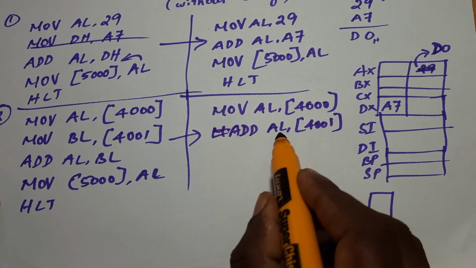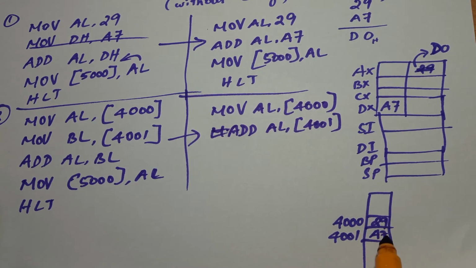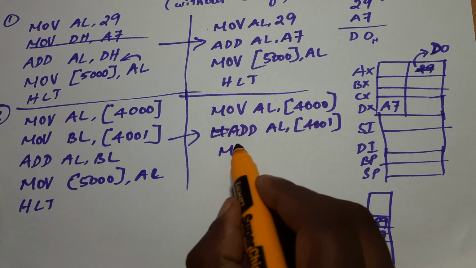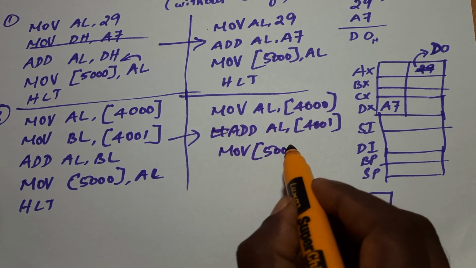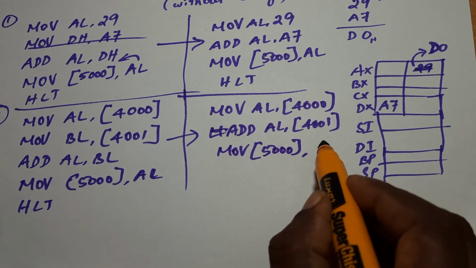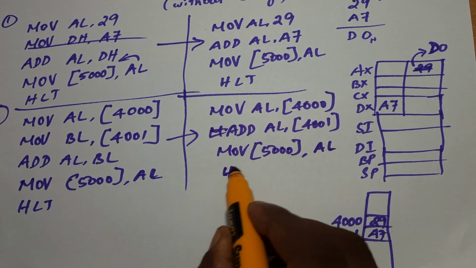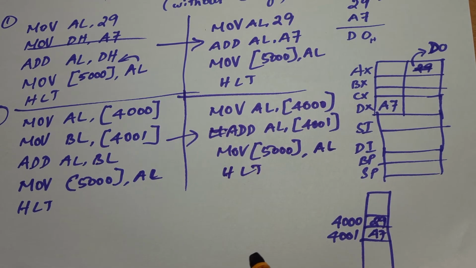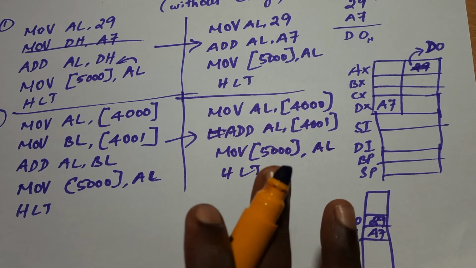So the value of AL is added with the content present in 4001, which means 29 plus A7, that is what happens here. So again the result is there in AL. So we are moving it back to the memory location we have chosen as 5000, so it is AL, then HLT. So these are the two different ways to write a program to add the same numbers.